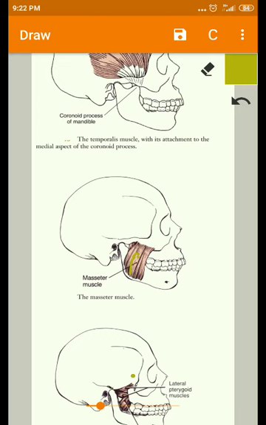So the medial pterygoid fibers are attached to the medial side of the lateral pterygoid plate. Okay, and the inferior attachment is on the internal surface of the ramus near the angle of mandible.